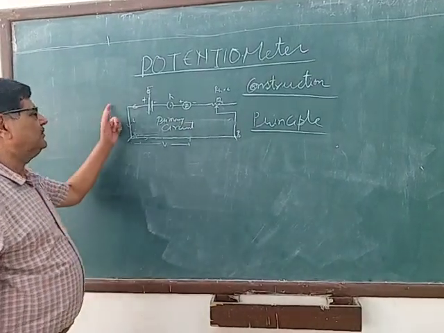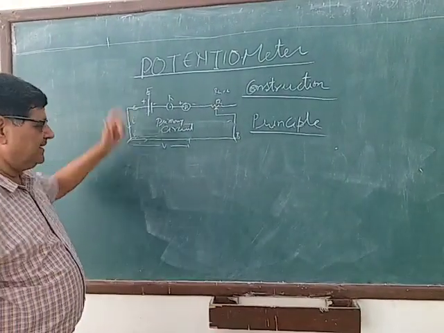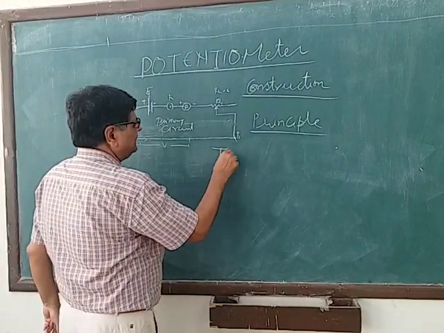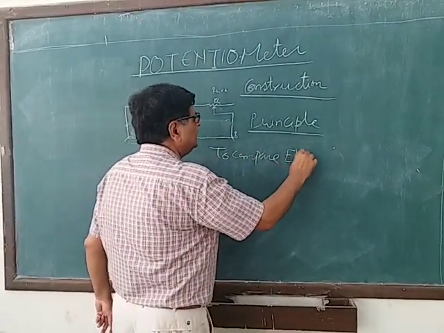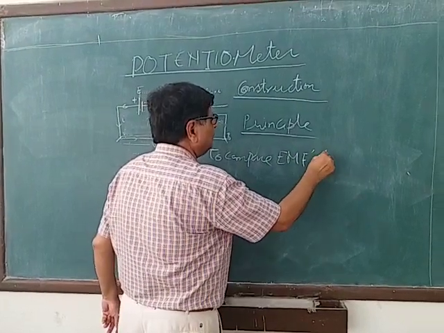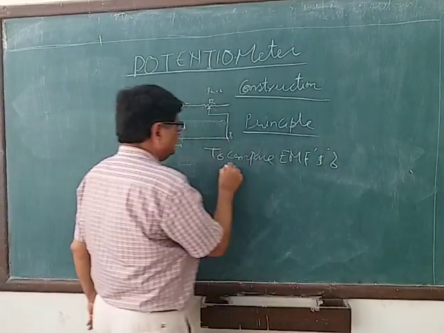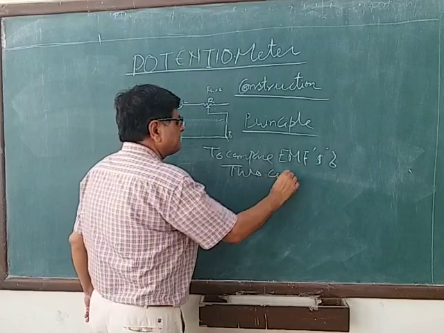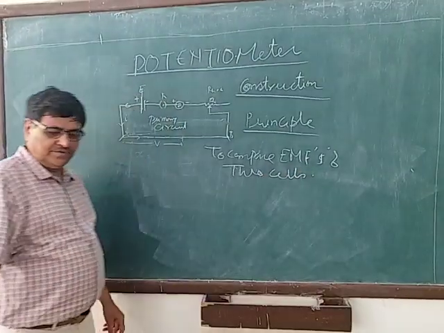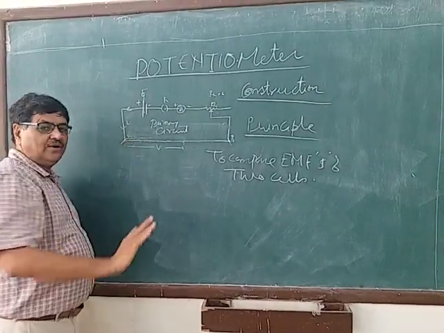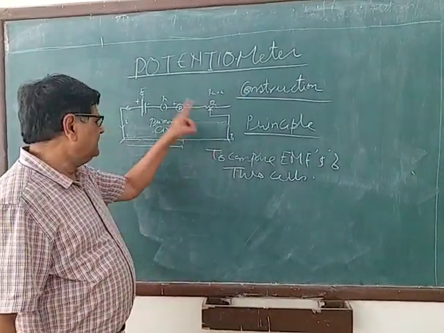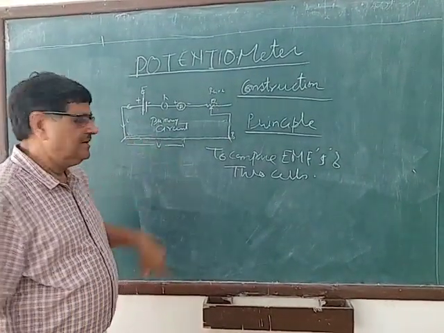Now what we are going to do? We are going to use the potentiometer to compare EMFs of two cells. So this circuit is a fixed circuit. Whatever experiment of potentiometer you are doing, this circuit will remain unchanged.